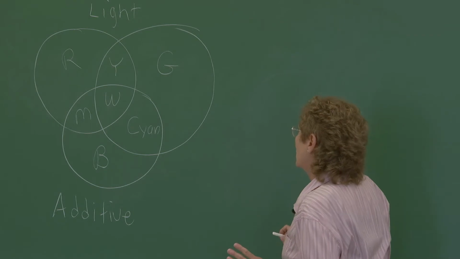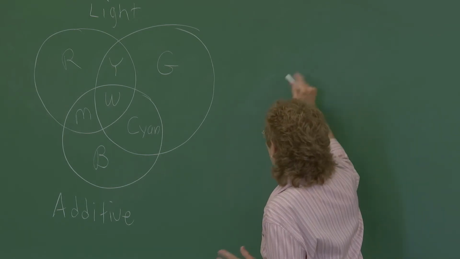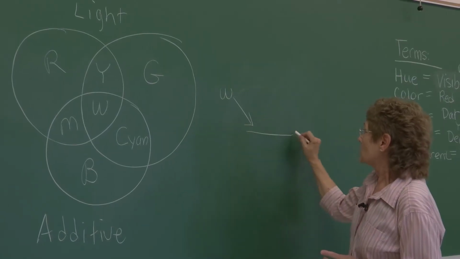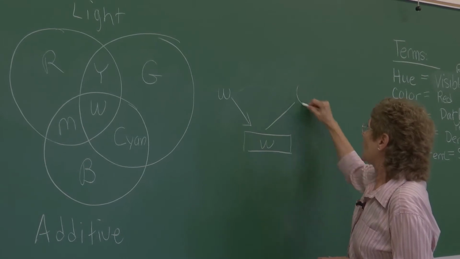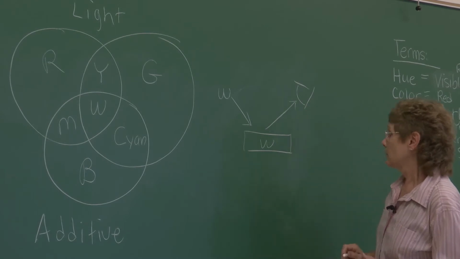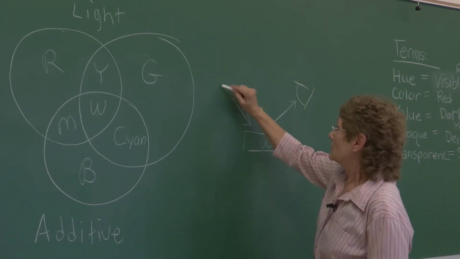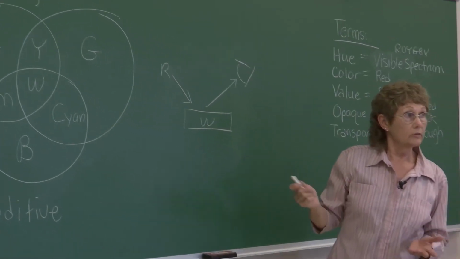So let's say you have a white car, sorry. White sunlight shines on the white car, and our eye obviously sees white, correct? Okay. If we shine a red light on the white car, our eye will see red.